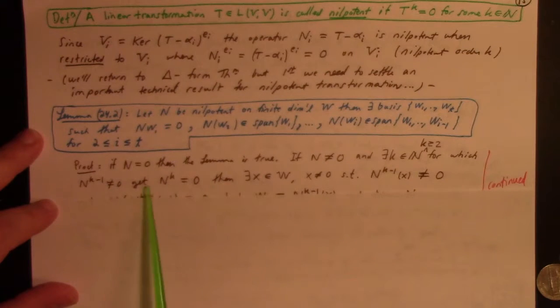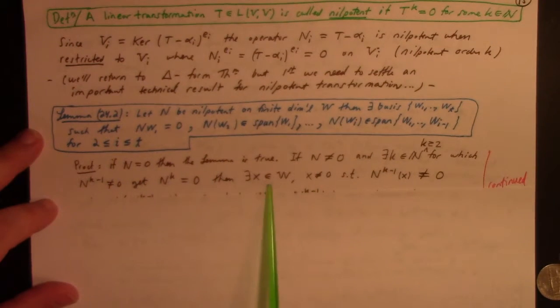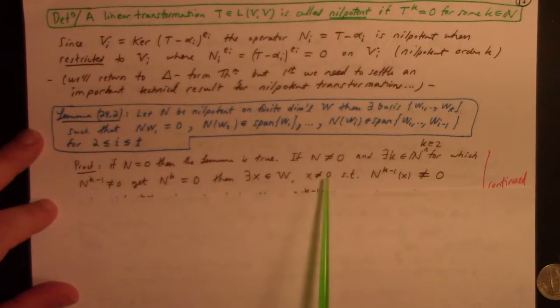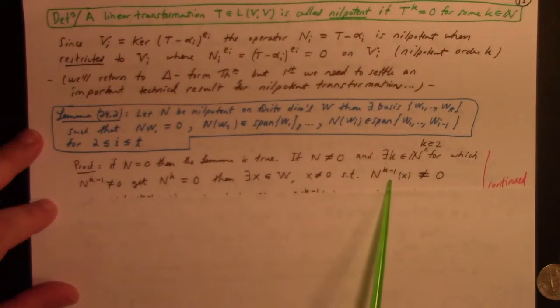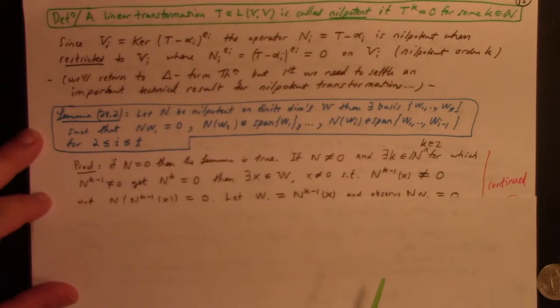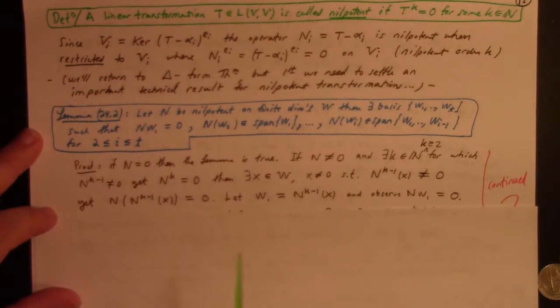In other words, suppose it's nilpotent of order k. Then there exists an x in W, non-zero, such that N to the k minus 1 of x is not equal to 0, yet N times N to the k minus 1 of x is equal to 0. So if you let w_1 equal N to the k minus 1 of x, you get that N w_1 is equal to 0. Now that's the start of this, right?